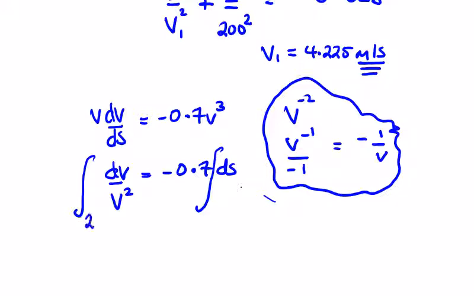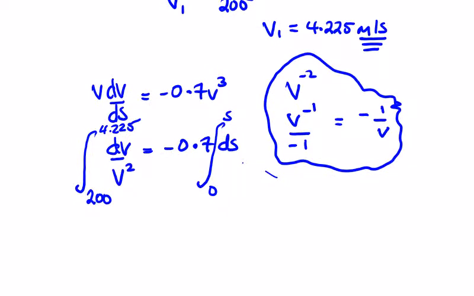It started at 200 and slowed to 4.225, and we can get the distance traveled in this time. So we're going to get minus 1 over v between these two bounds.